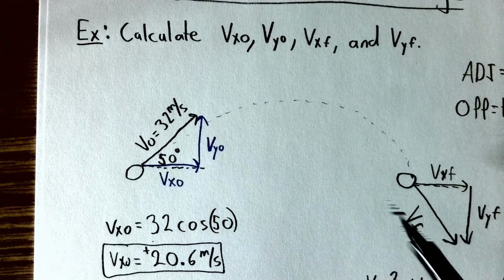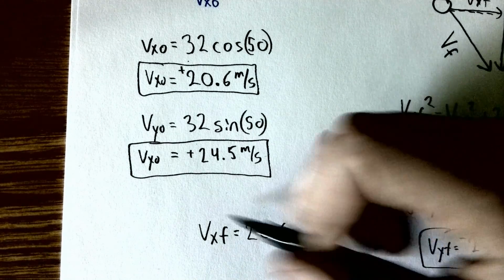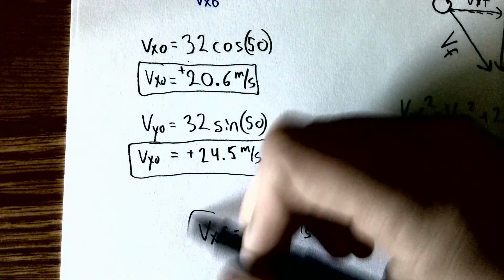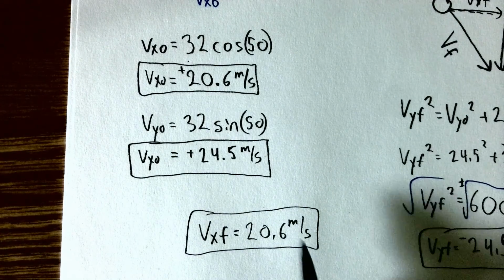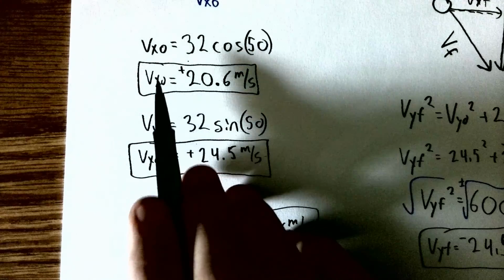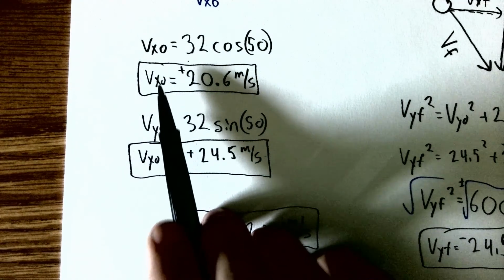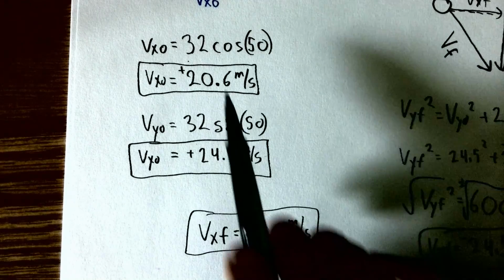For a projectile, Vx doesn't change. So I kind of added that as a trick. This is 20.6. But basically, this is why we don't have Vx final. On most of the equations, we just write it as Vx. I'll probably never write that down again for these types of problems. Vx initial and Vx final, we just write them as Vx because they're the same number.